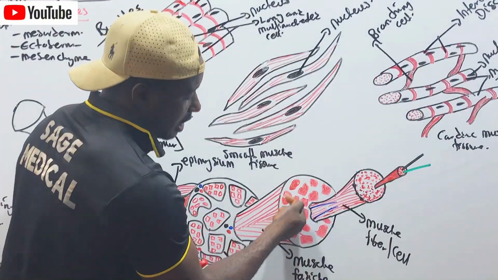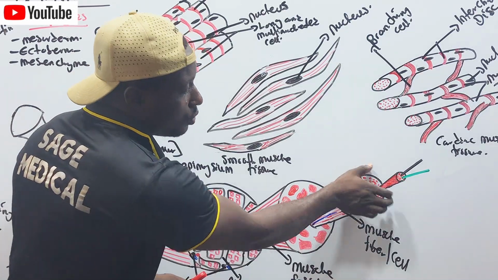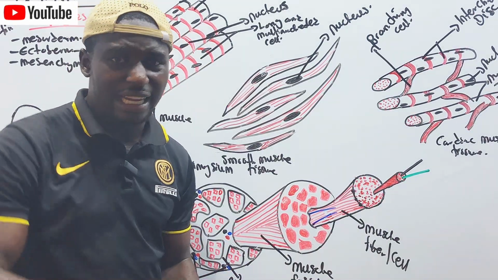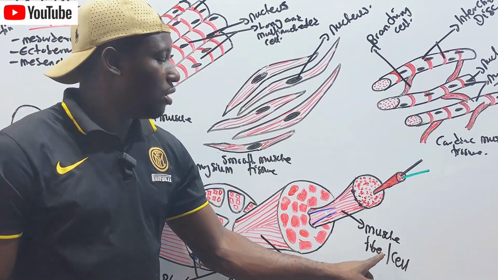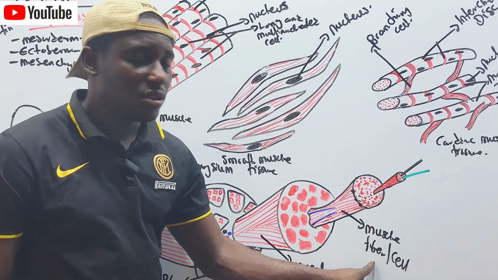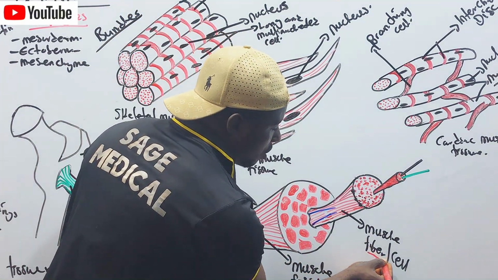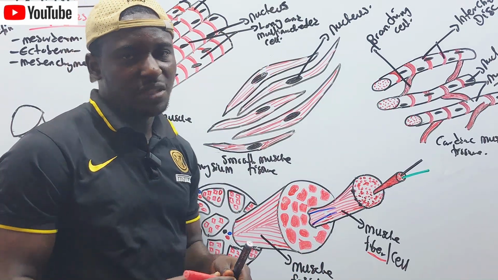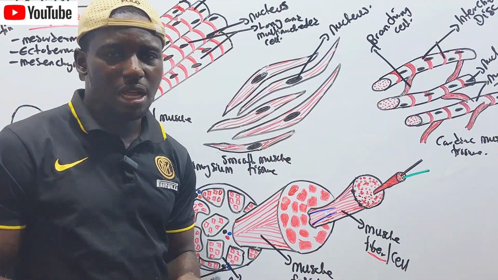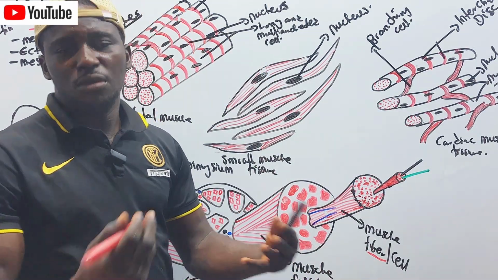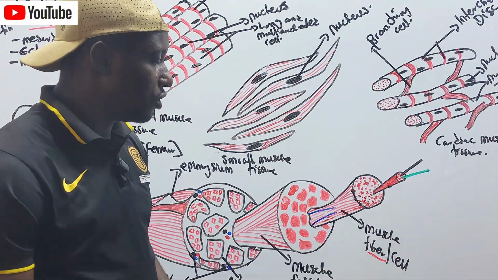Look at the muscle cell, or the muscle fiber cell. It is zoomed up so that you can see other structures inside it. It is called a muscle fiber because they are so long. So muscle fiber is the same thing as the muscle cell. You get?